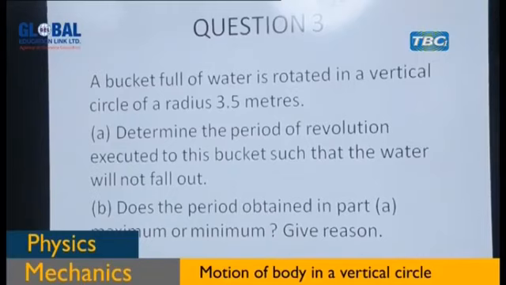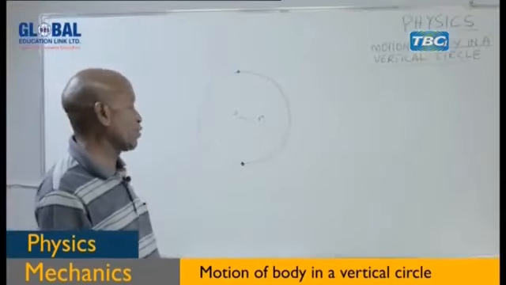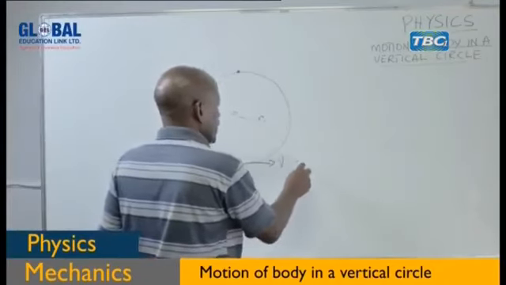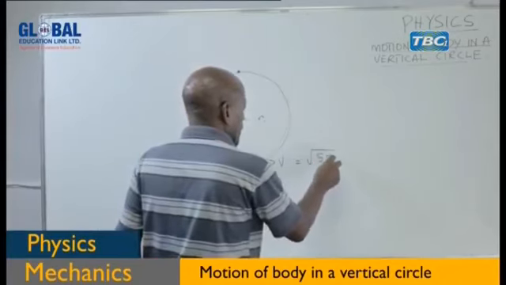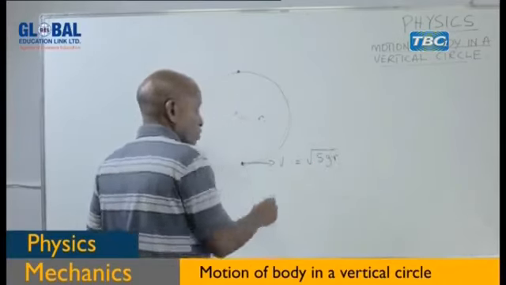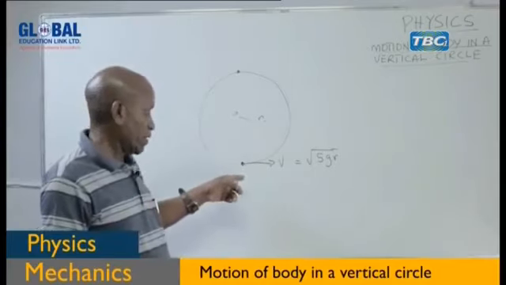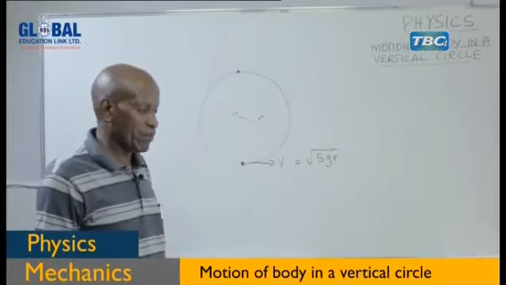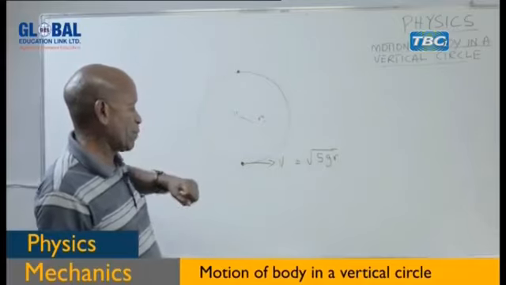To use this minimum velocity at the bottom, that velocity v is equal to the square root of 5 times g times r. So this v, the minimum velocity whenever the bucket is passing at the bottom, is the one I'm going to use rather than the one at the top.